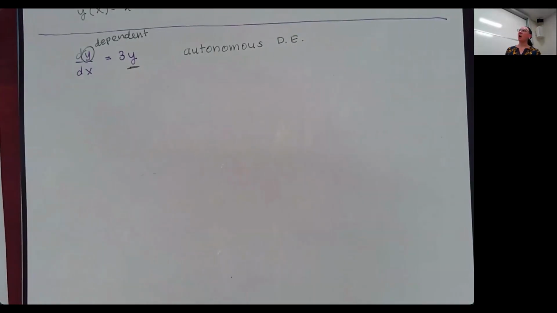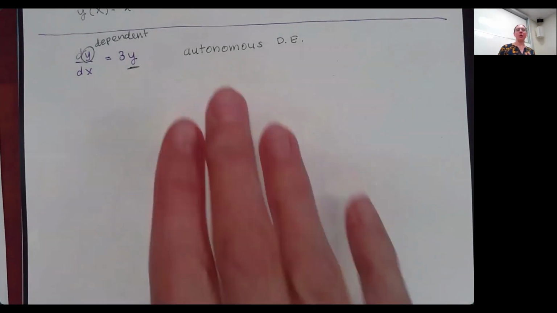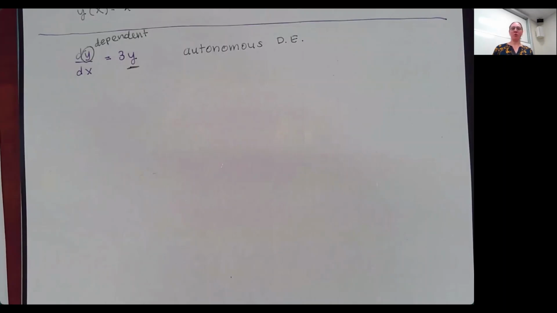When we have an autonomous differential equation, we have to do just a little bit more work to actually solve that differential equation. And sometimes, which I think is what y'all are going to be talking about in lecture today, we'll have other tools to analyze and investigate autonomous differential equations that don't always involve explicitly solving them.